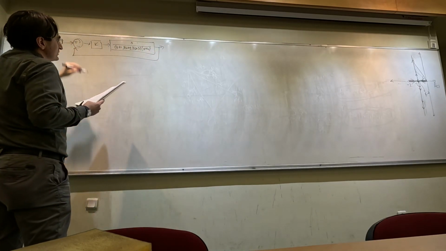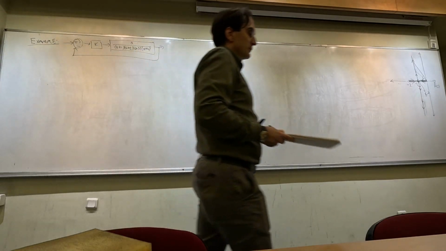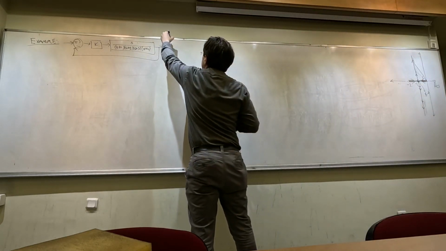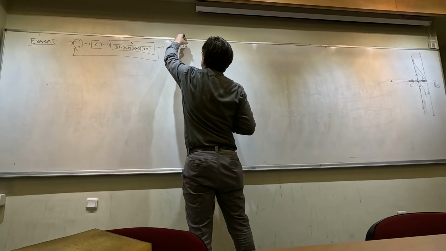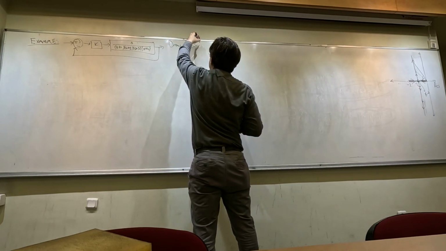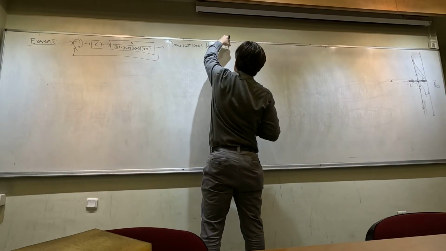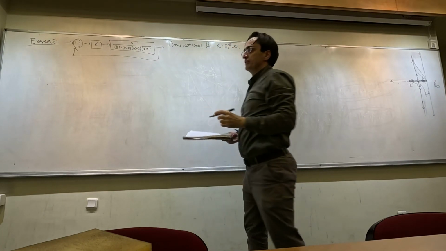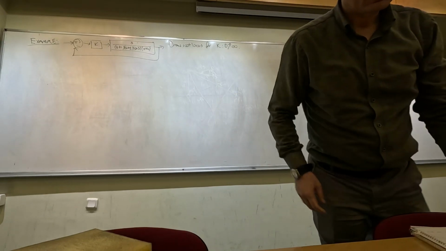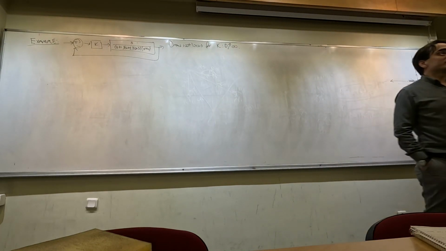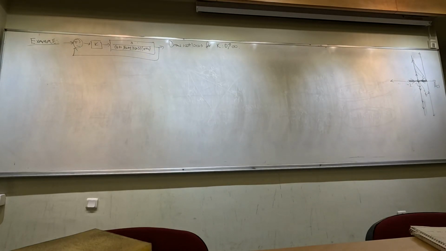And I have a unity feedback system given like this. We need to draw the root locus. Draw root locus, meaning the closed loop trajectories for k going from 0 to infinity. We have to draw root locus when k changes between 0 and infinity. Okay.